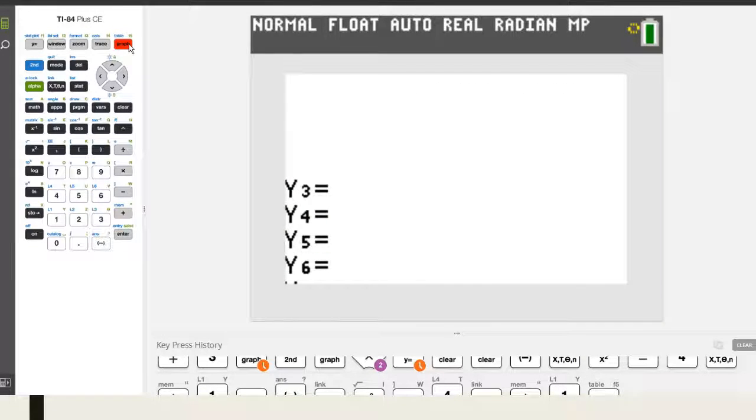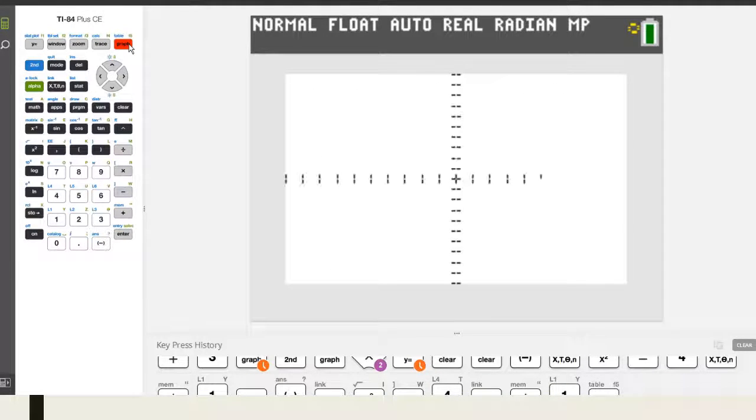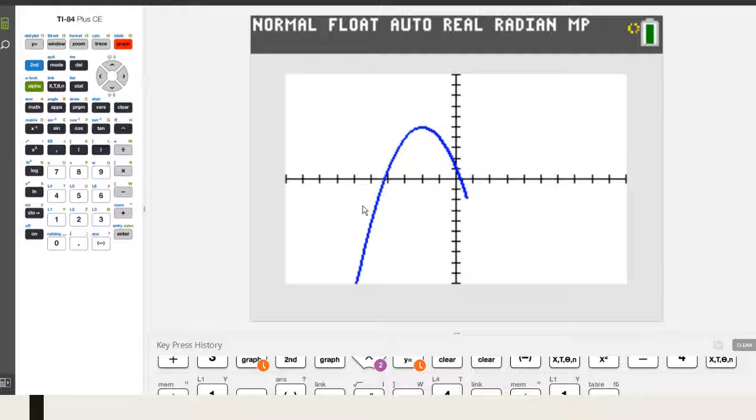Looking at the graph, I'm supposed to see (-2, 5) as my vertex. And if we look here, we'll find out that -2 belongs to the maximum. 1, 2, 3, 4, 5. So the maximum, or the vertex in this case, is (-2, 5).